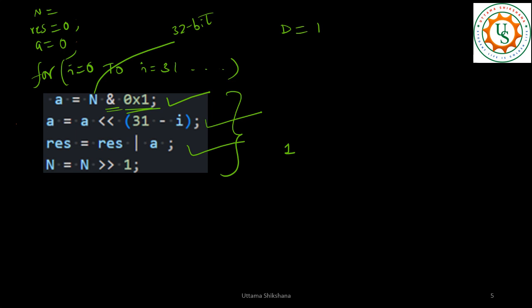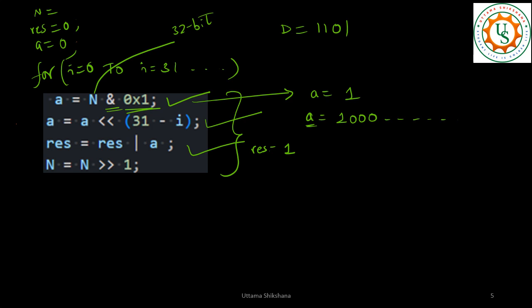We have taken D, that is 1101. In this case A will become 1. We have extracted the last bit, and A is shifted 31 times towards the left. A will become 1, and the rest are all zeros, all 32 bits. Now this A you are going to OR with result.